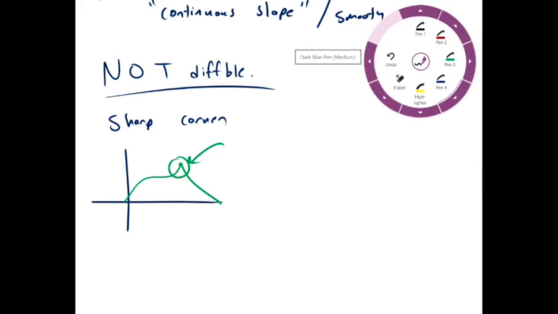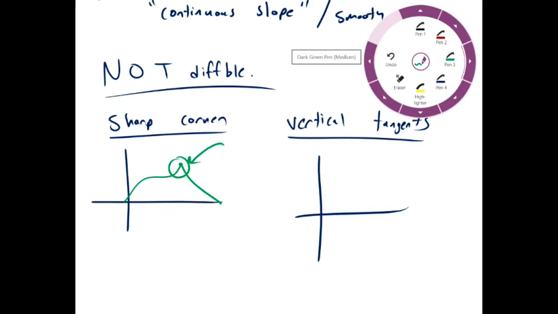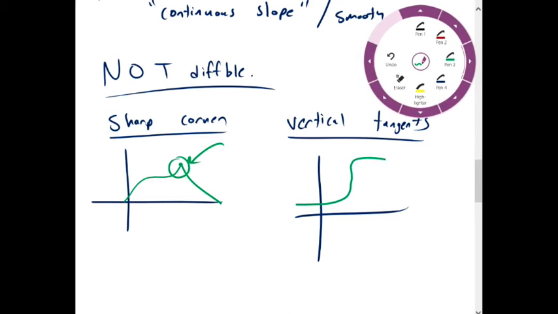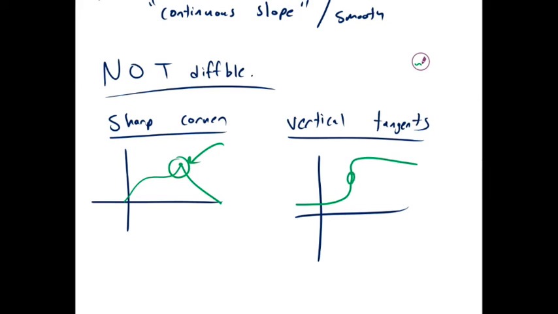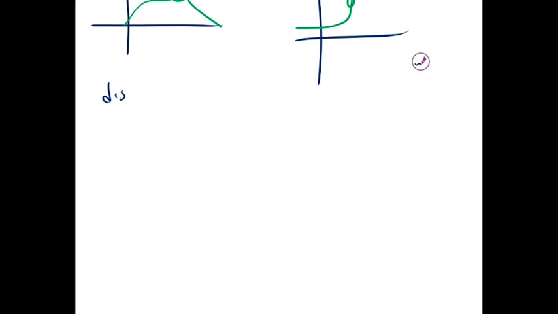Also, vertical tangents, for example something like this. Here, the slope is undefined because it's completely vertical. That's an infinite slope. And if the function's discontinuous, then it's not differentiable.